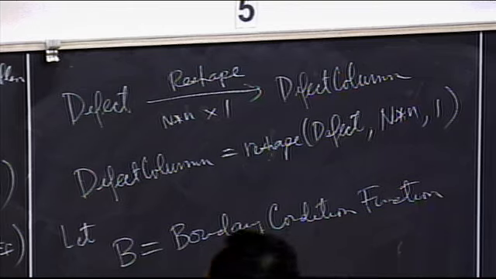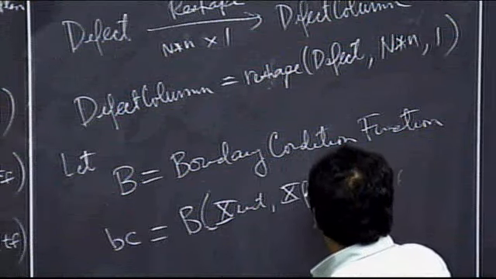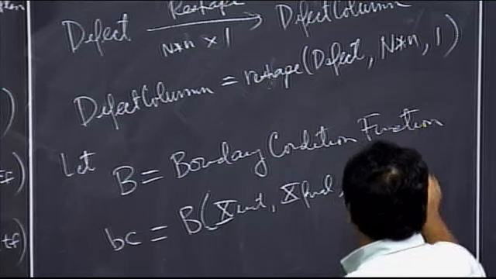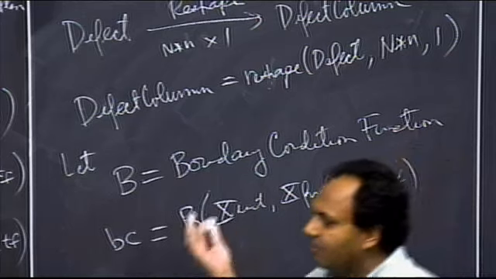Then my boundary conditions, BC, will equal B evaluated at X init, X final, T0, and TF. And again, that's a user-defined quantity, right? So now I have my boundary conditions.